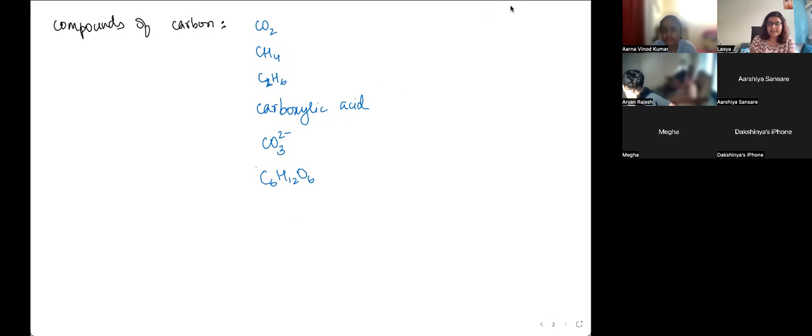Megha, yes. Acetic acid is a type of carboxylic acid. Good. Will ethanol count? Ethanol, yes, absolutely. Ethanol's formula is C2H5OH. Actually, C60 is like we just said, that was elemental carbon.